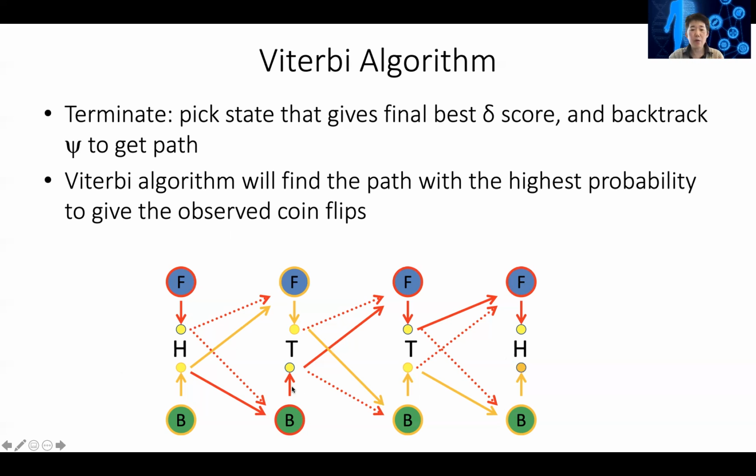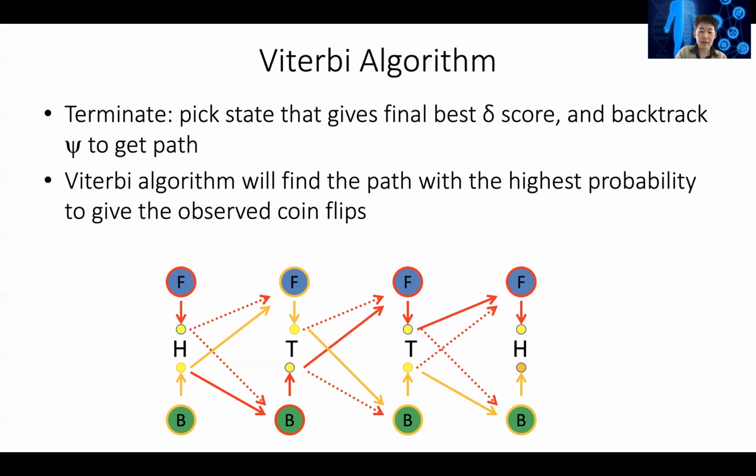The Viterbi algorithm will find the path that gives you the highest probability of flipping out this particular string of coins, because at every step you pick the winner, and at the very end you pick the ultimate winner and backtrack. Therefore, this is the correct path that gives the highest probability among all paths for this particular coin flip.